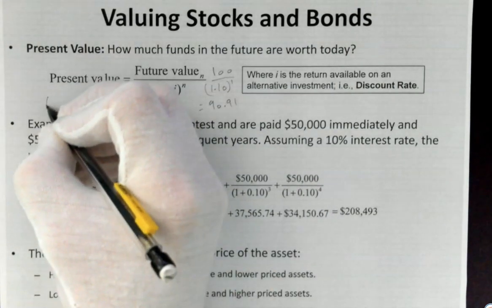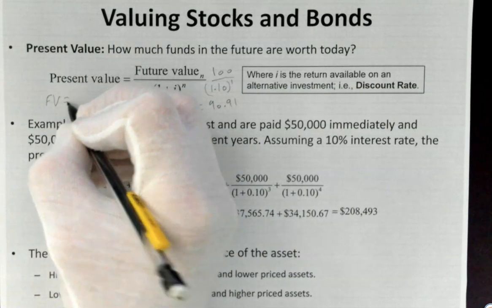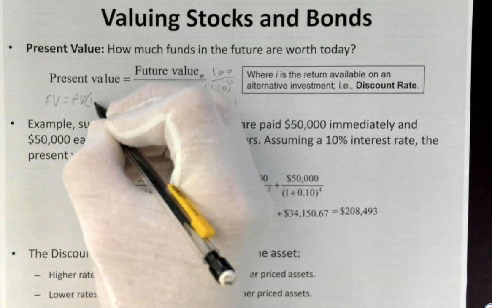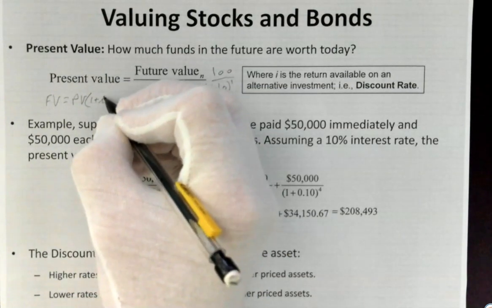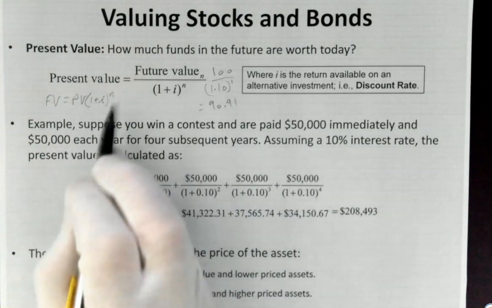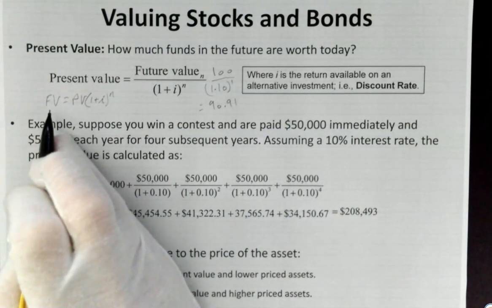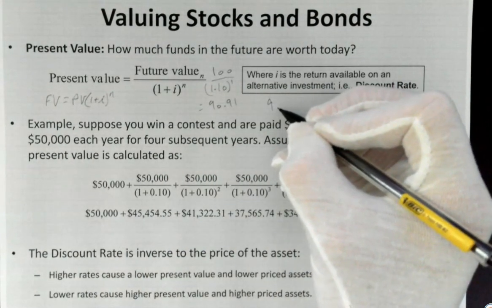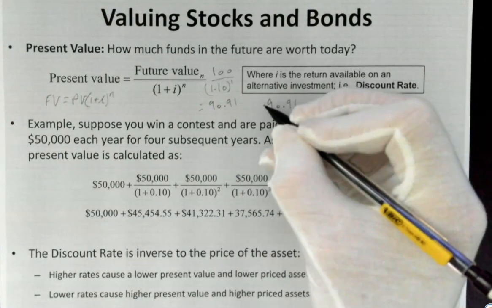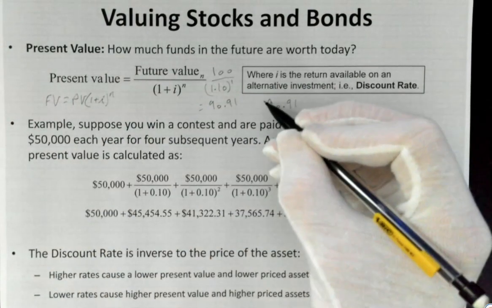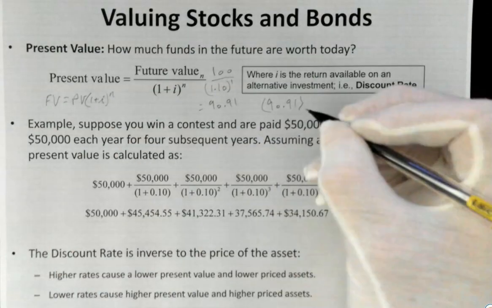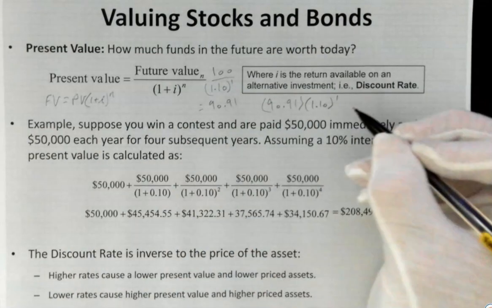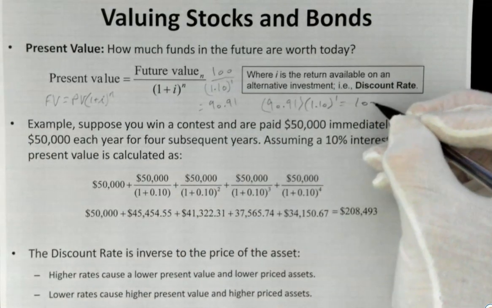So this might make a little more sense, but you could say that future value is actually equal to present value multiplied by 1 plus the interest rate to the nth power. These are the same formula, but you're just solving for future value. Now let's use this. So if we had $90.91 today, that would be the present value, and we earned a 10% return, this would be 1.10 to the first power, then this would equal $100.